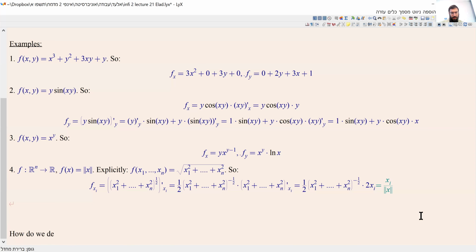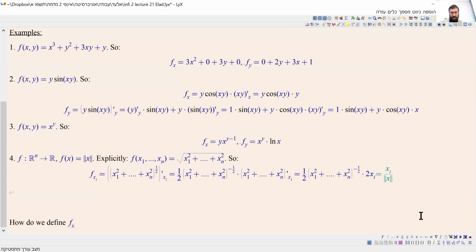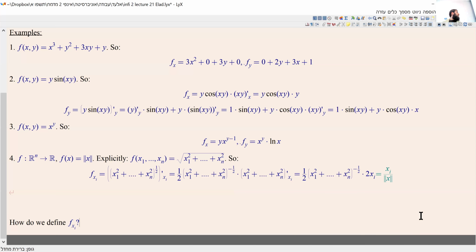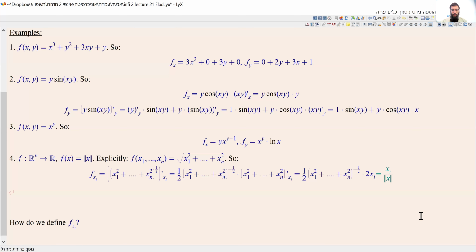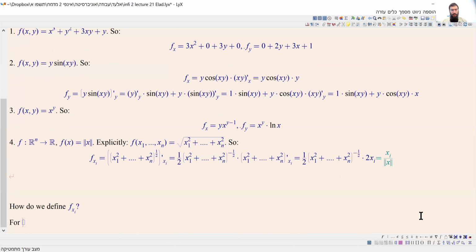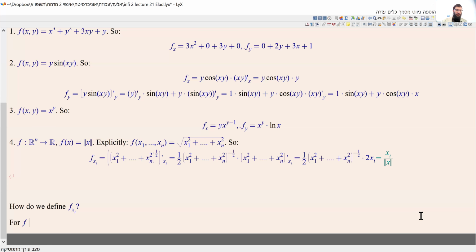How do we define f_xi? So remember, as I said in our last lecture, the best way to grasp the definitions and whatever we're doing is to compare it to the same things for functions of one variable. And how do we define the derivative for a function of one variable?